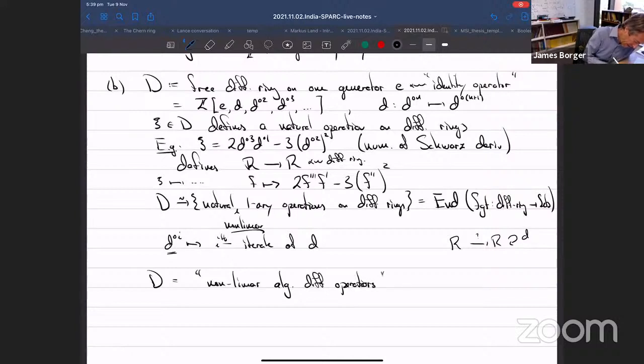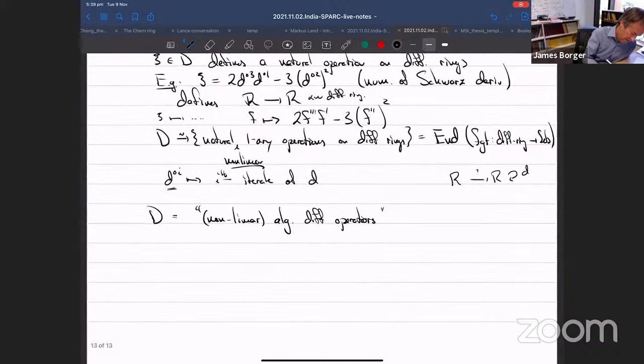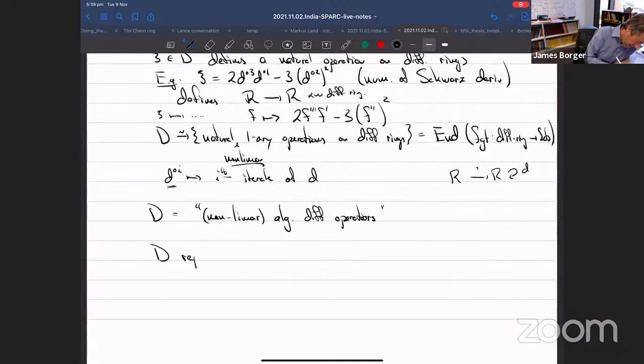I don't mean literally nonlinear. I mean not necessarily linear. So now the point is that D actually represents W diff, and it's actually a complete triviality, but let me explain it.